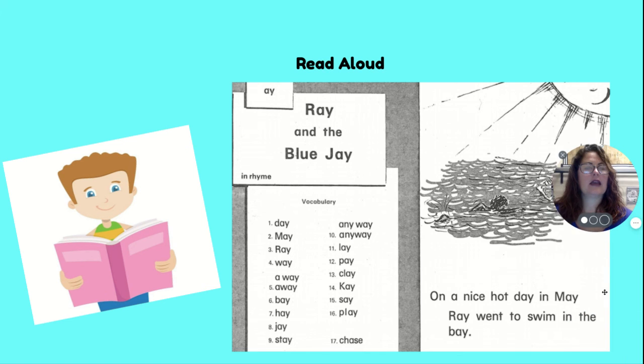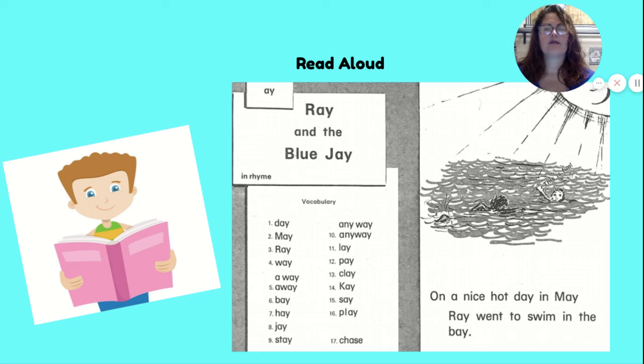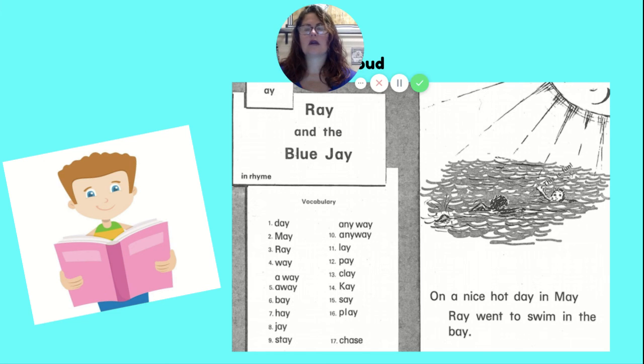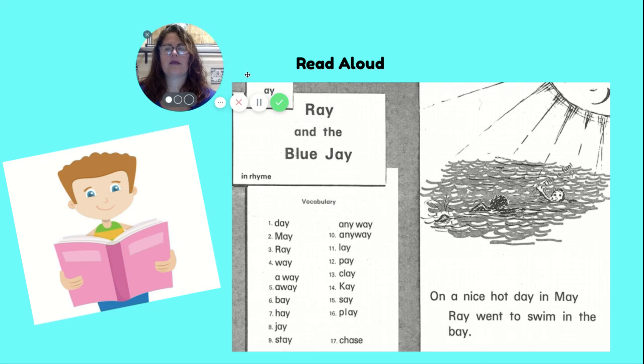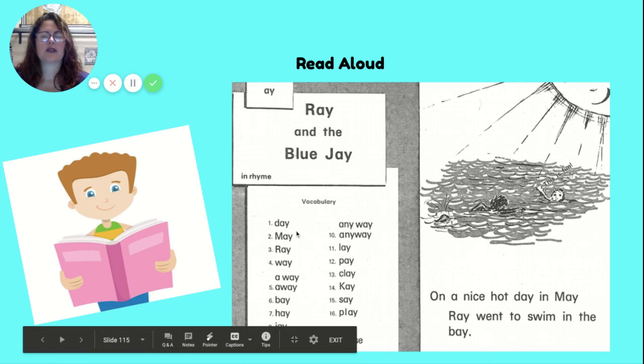All right, now we're to the read aloud section. Let me move this over here of our lesson. One of the tricky words in here I just want to preview with you is this: anyway.